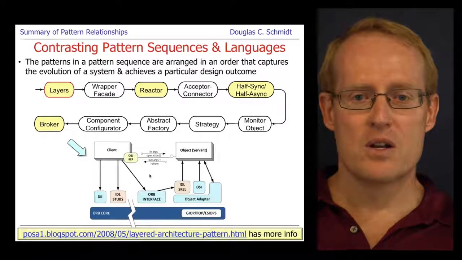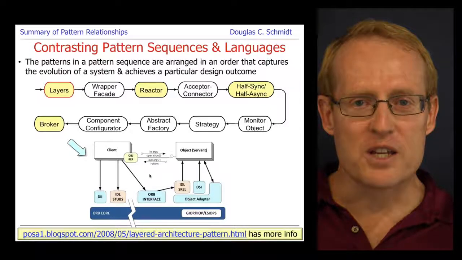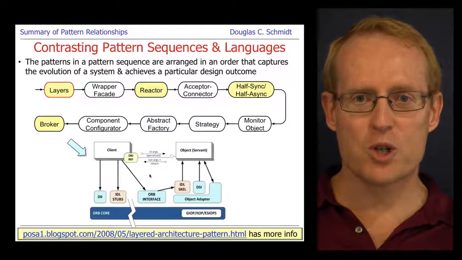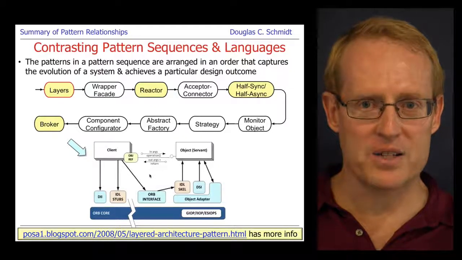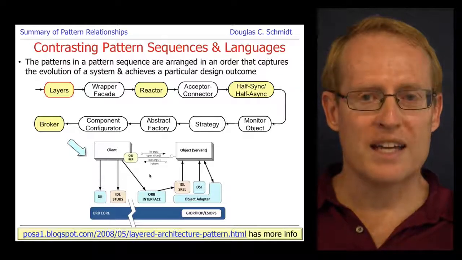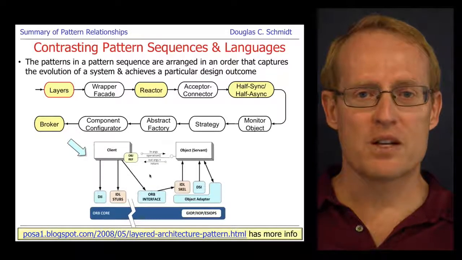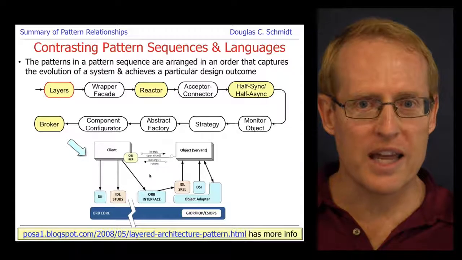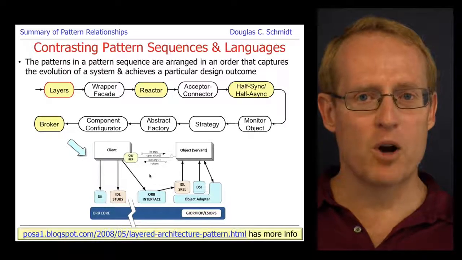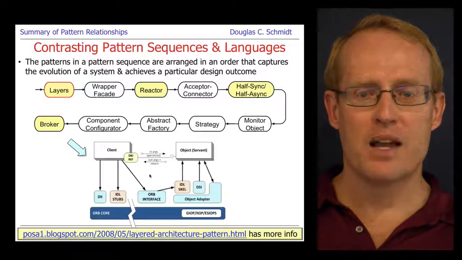The first pattern in our sequence is the layers pattern. And layers are all about structuring some complex design, like a broker, in some kind of orderly way that separates concerns so it makes it easier to plug in different implementations within different parts of the layer hierarchy.